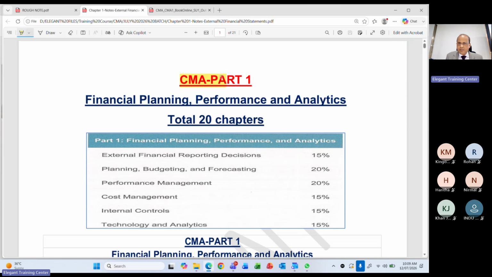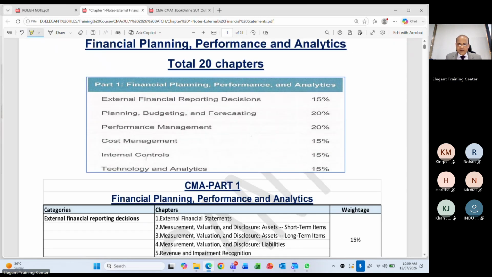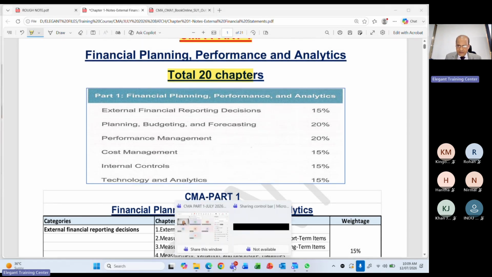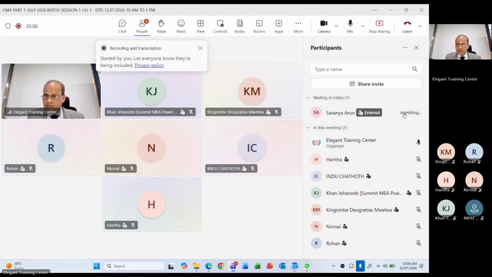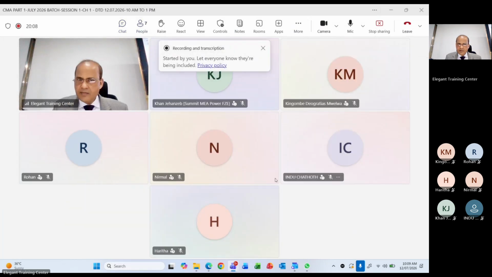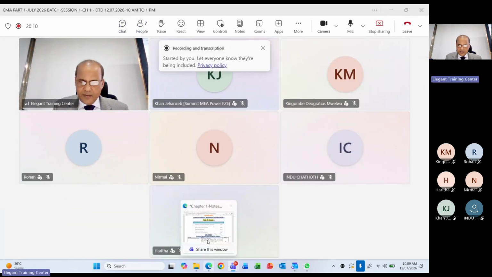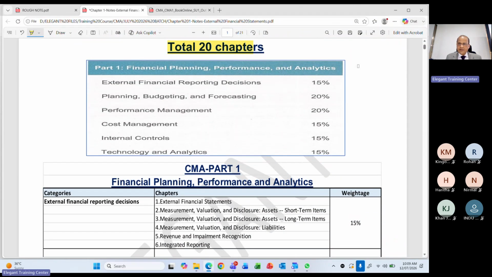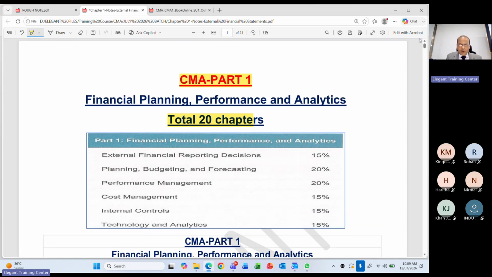Your CMA part 1. There are 20 chapters, right? And the part 1 is called Financial Planning, Performance and Analytics. This is the course name, the part 1.